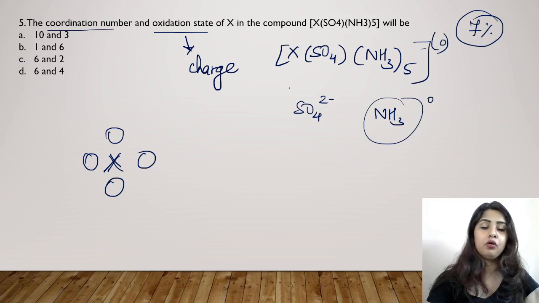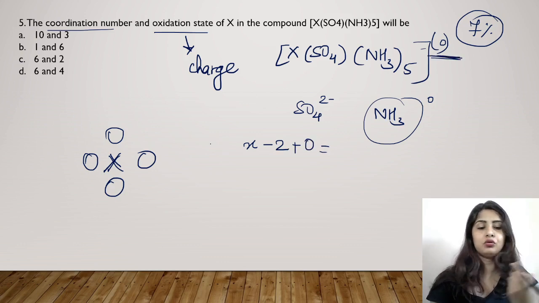Let us consider the charge on X as small x. Sulfate has a charge of -2, ammonia has 0, and the overall complex has 0.